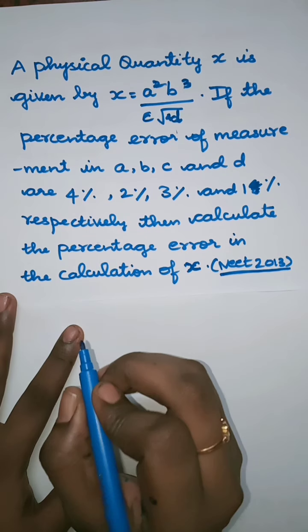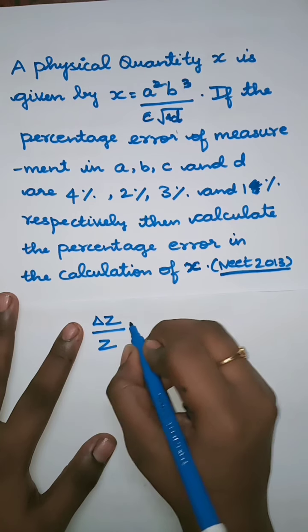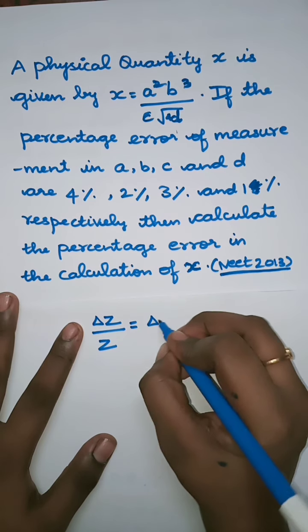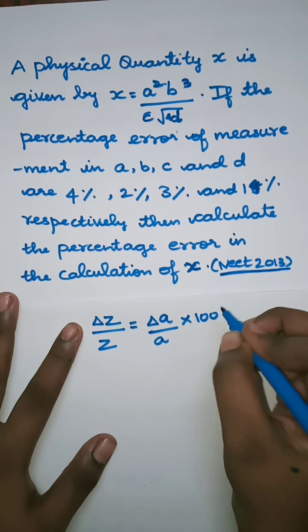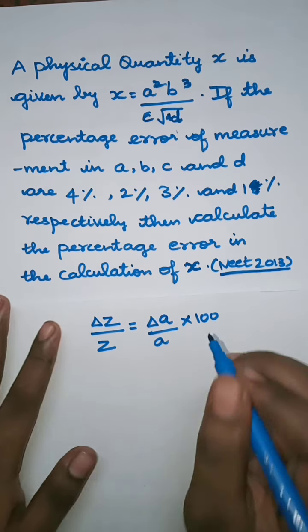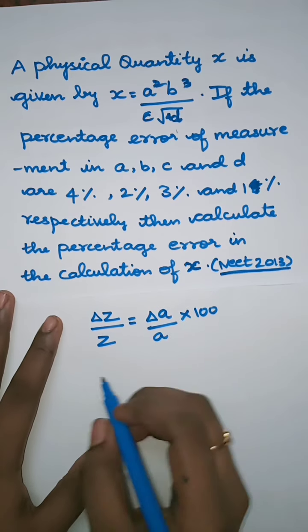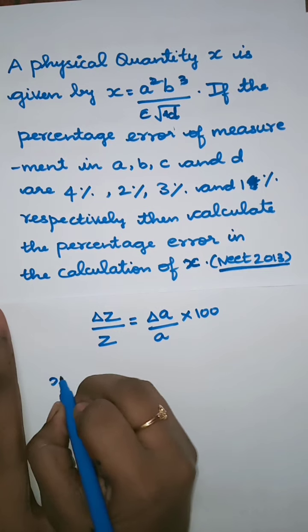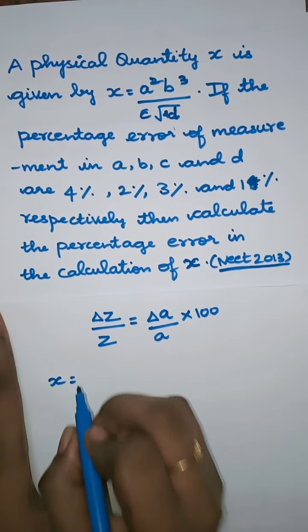The formula for percentage error is del z by z into 100, but I will give you a simple trick to solve this type of problem. Simply bring the power and multiply it by the alphabet.